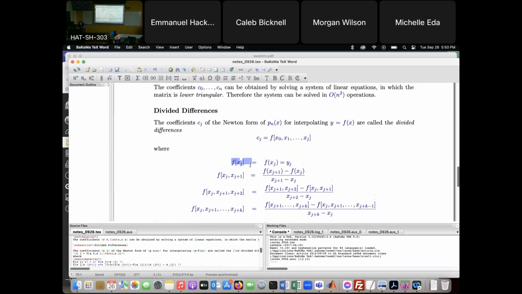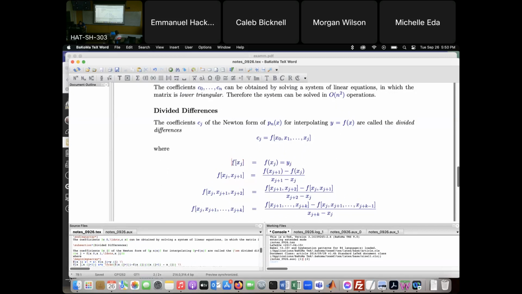What we have here is what they call a zero-order divided difference. Each one of these has only one x value inside the square brackets. So f square bracket xj is the same as just f of xj. I'm evaluating the function at xj, and that would be yj.